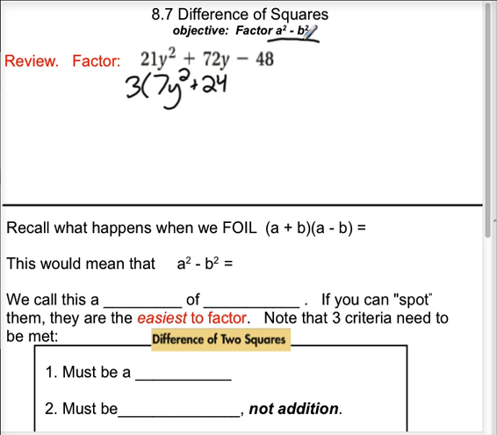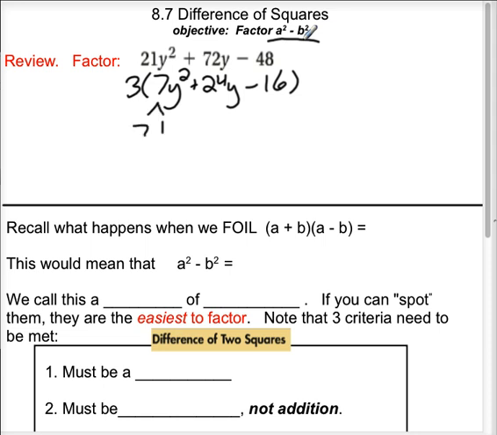plus 24y, oh, I'm sorry, 24y minus 16. And now that that's what we have left, remember, we take that inner portion that's still inside the parenthesis, and now I break it down just like we did in all of the other notes.